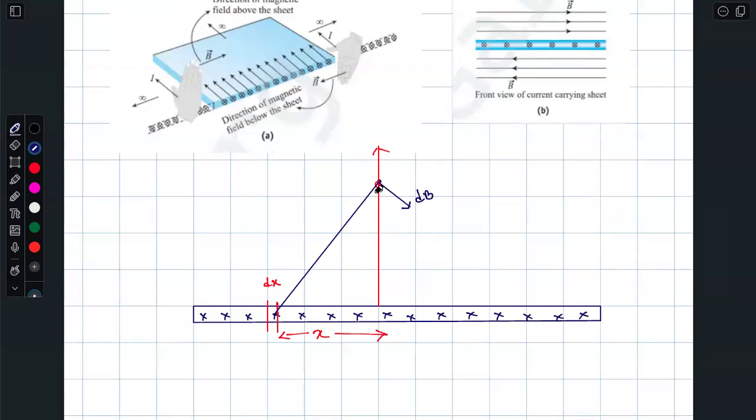Now hold on. Suppose this makes an angle theta. You will find a similar element at a distance x here, the same element.